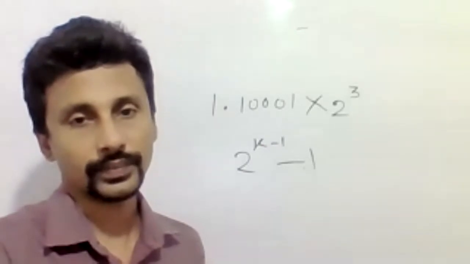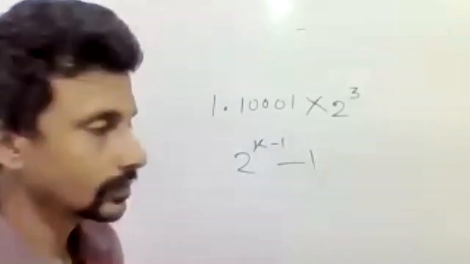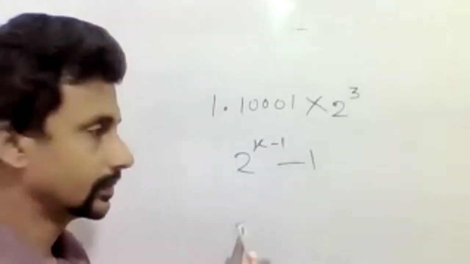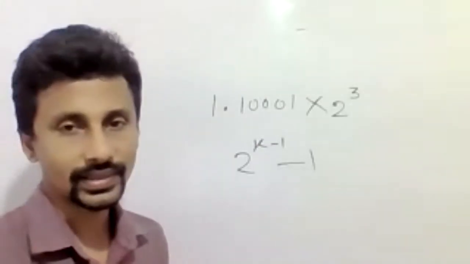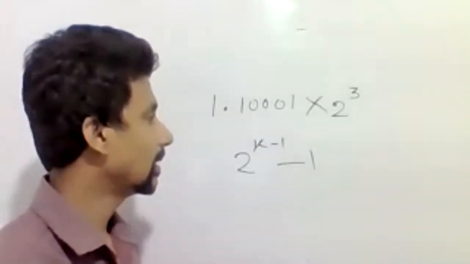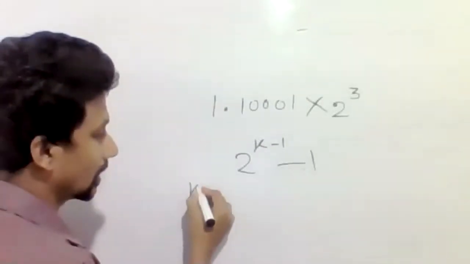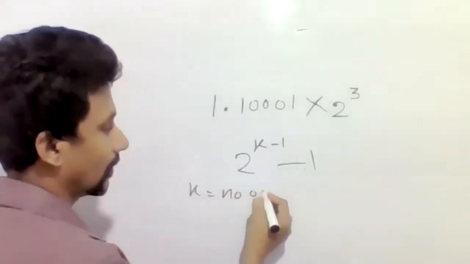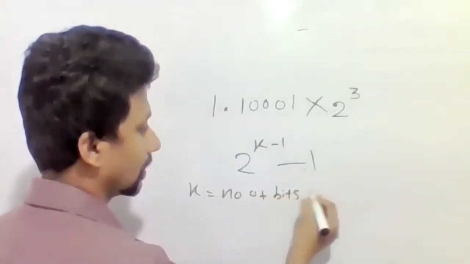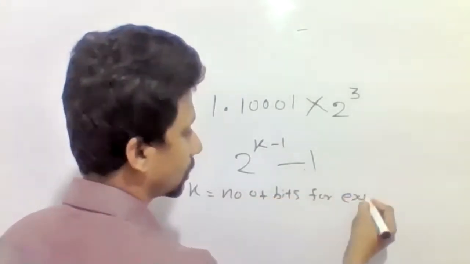This is a method you have to memorize: 2 to the power K minus 1, minus 1. Where this K is the number of bits for the exponent.